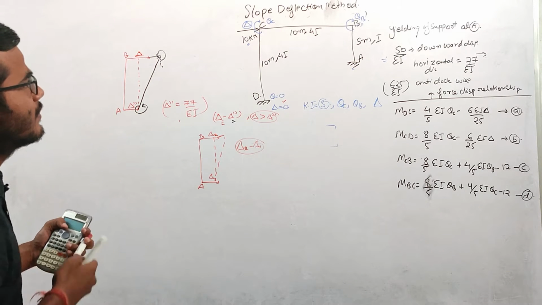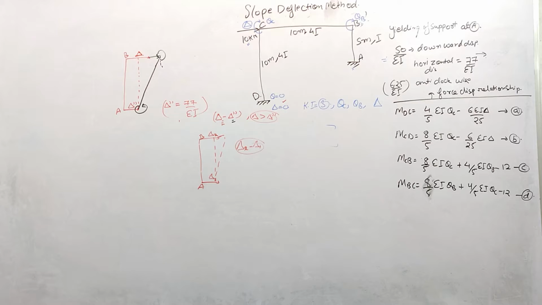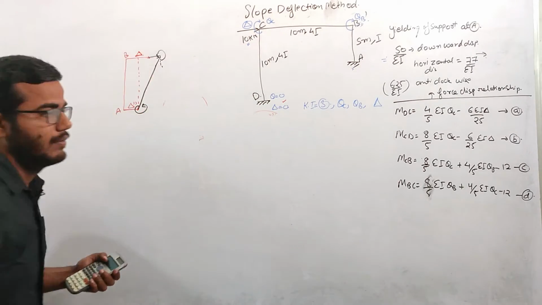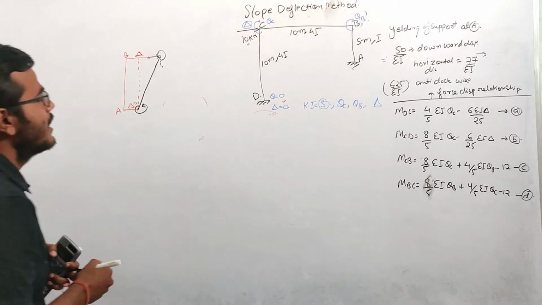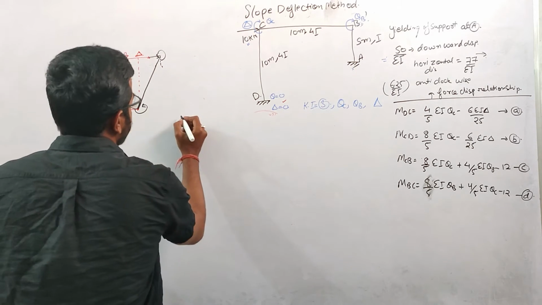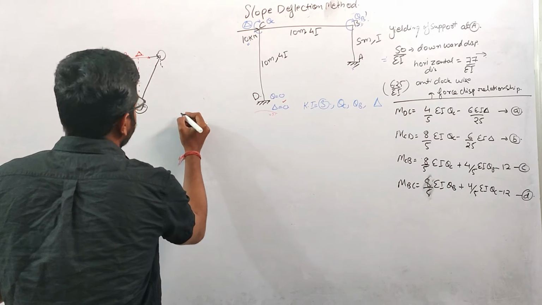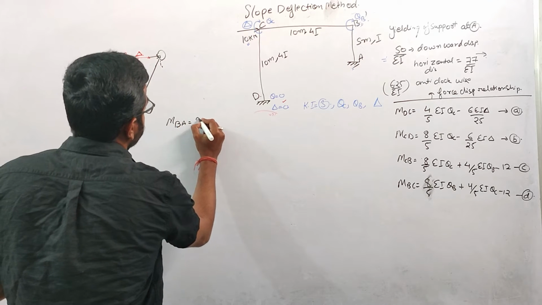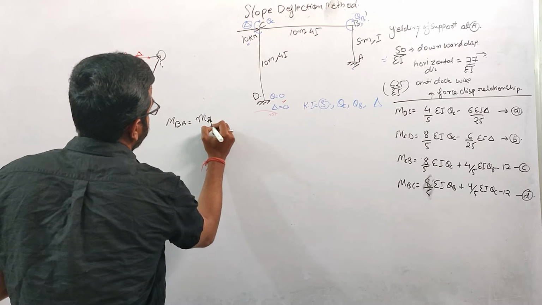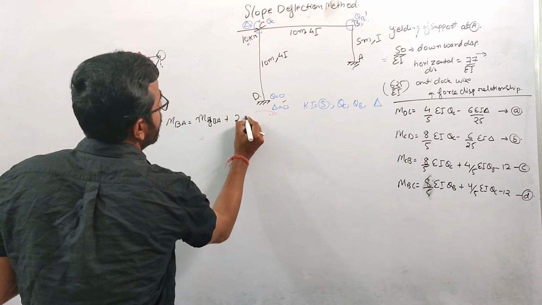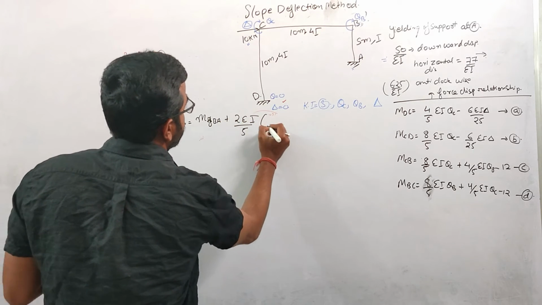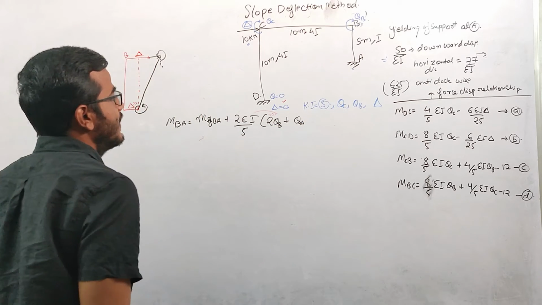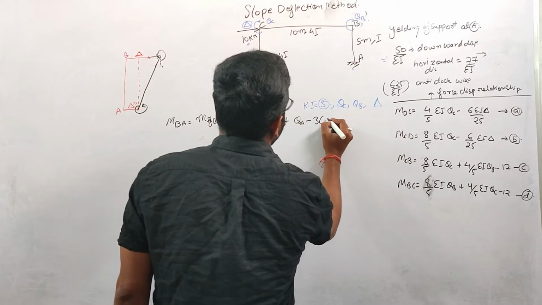So now let us form the equation for this member AB. If we write the equation for this member AB, I can say that MBA equals MF BA plus 2EI over L, L is 5 meter, twice theta B plus theta A, and minus 3 delta.